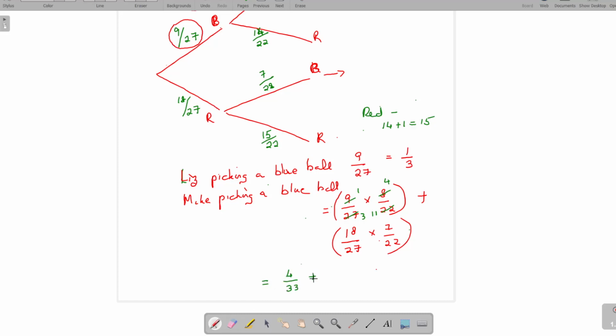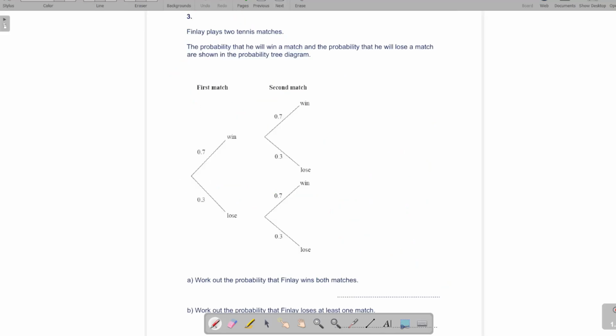Plus, 9 will go in here 2 times, 9 will go in here 3 times, 2 will go in here 11 times, that's a 7. So that will be 7/33. So 4/33 plus 7/33 is 11/33, which is 1/3. So they are equal.